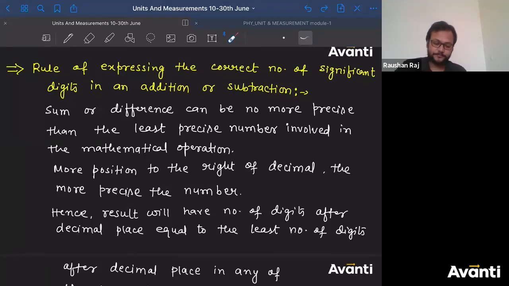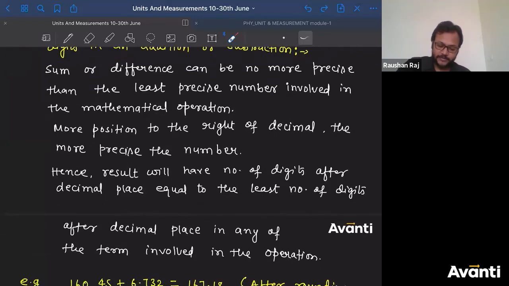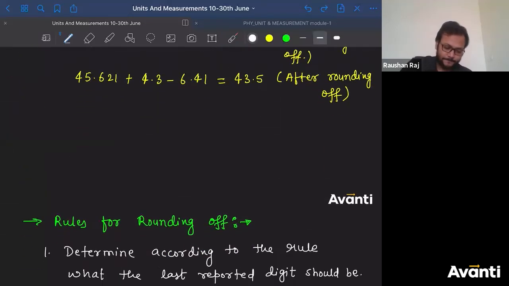So first of all, if you add or subtract, if you take the sum or difference between 2 measured quantities, let me give you this example. Say one part is 4.3, the other one is 3.53.